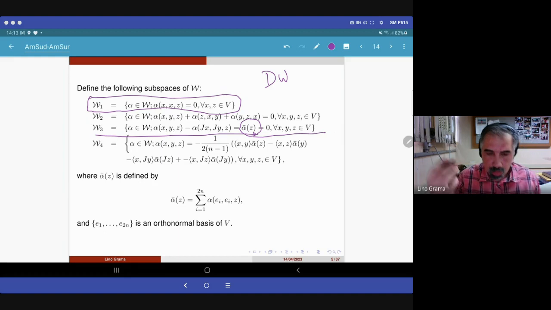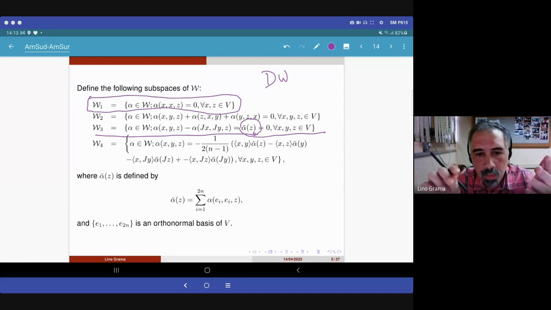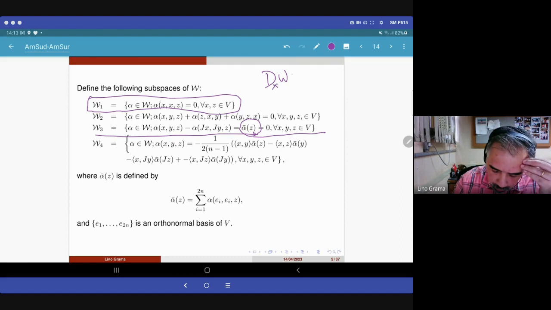An almost complex structure is nearly Kähler if it is skew-symmetric with respect to these two first entries. Okay, and so on.